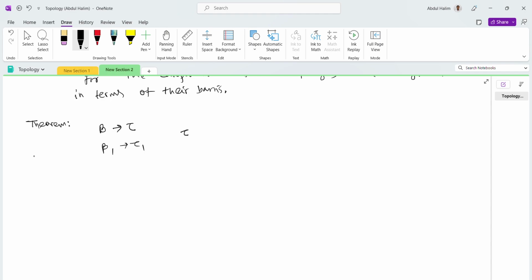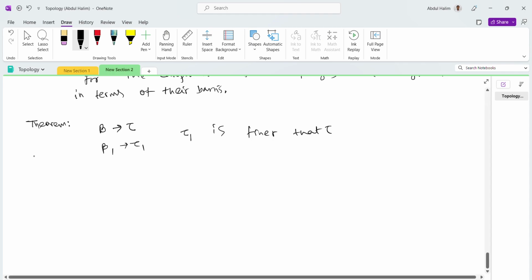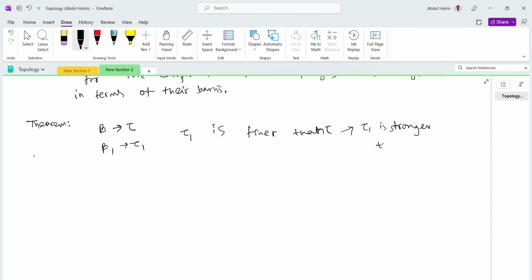They define two topologies, and what is their relation? Collection B defines topology tau. B1 defines topology tau1. The great question is the relation of comparability.